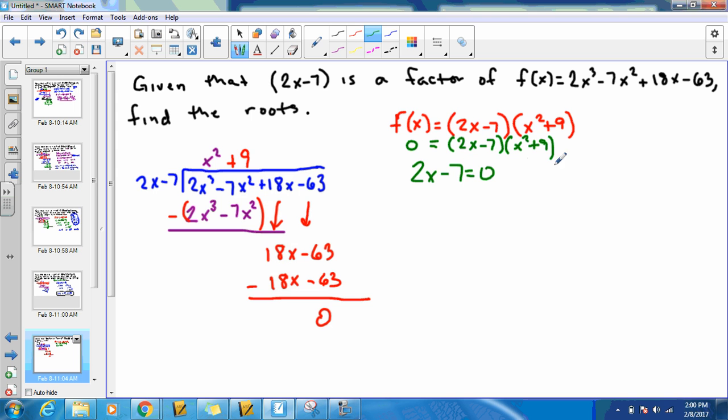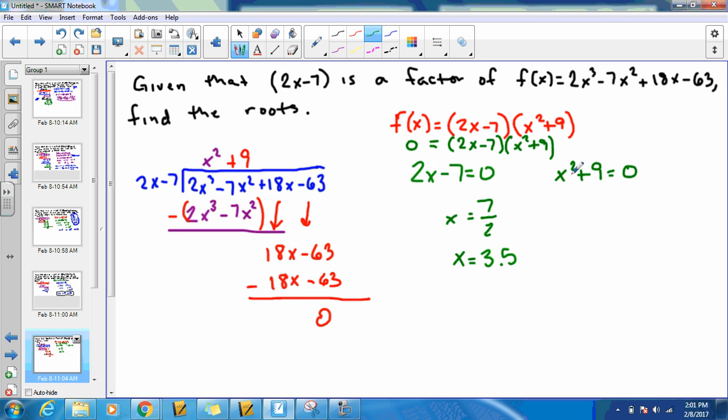Then I would set each factor equal to 0. Alright, over here in solving this, I would add the 7 over and then divide by the 2. So x equals 3.5. This decimal is okay because it can be written as a fraction. It's rational. So it doesn't continue to repeat without any type of pattern.